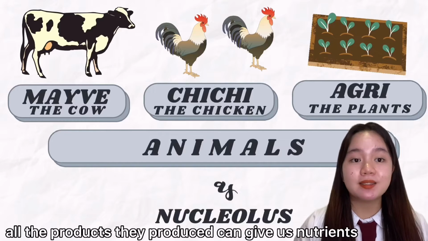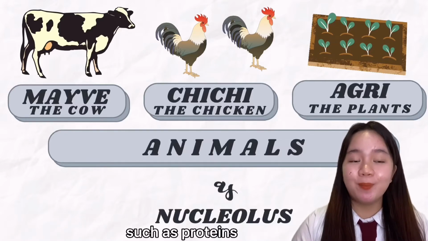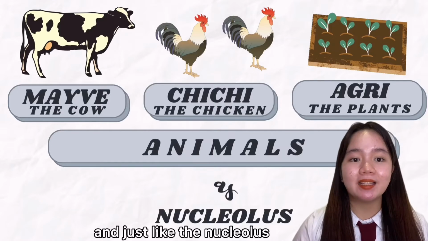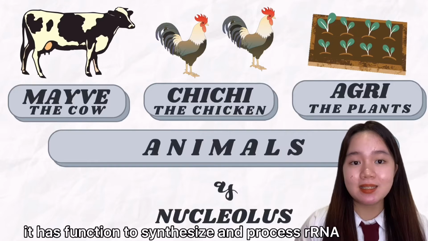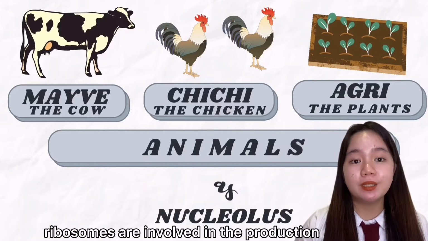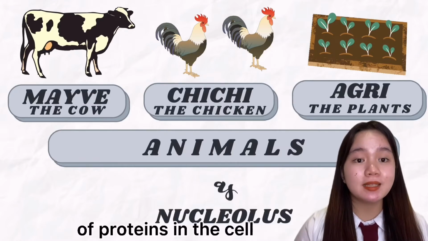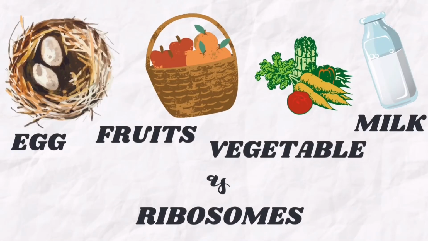All the products they produce can give us nutrients such as proteins, and just like the nucleolus, it has the function to synthesize and process rRNA or to make ribosomes. Ribosomes are involved in the production of proteins in the cell which can build up our body. These are the ribosomes that are manufactured by the nucleolus.